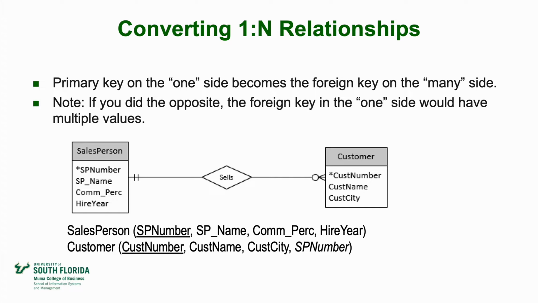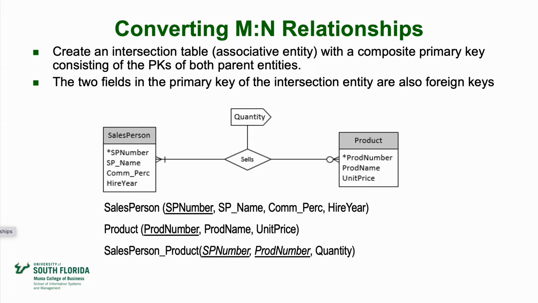To convert a many-to-many relationship, we create an intersection entity, an intersection table, also called an associative entity, with a composite primary key consisting of the primary keys of both parent entities. Note that the two fields in the primary key of the intersection entity are also foreign keys.